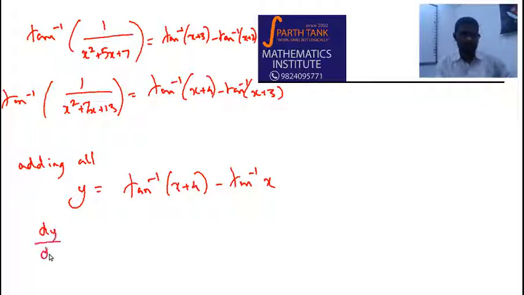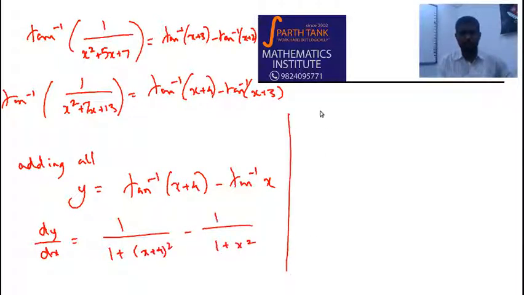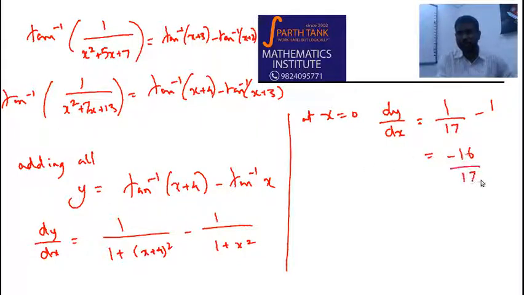This dy by dx is easy. This is 1 by 1 plus x plus 4 the whole squared minus 1 by 1 plus x squared. At x is equal to 0, dy by dx becomes 1 by 17 minus 1, or minus 16 by 17.